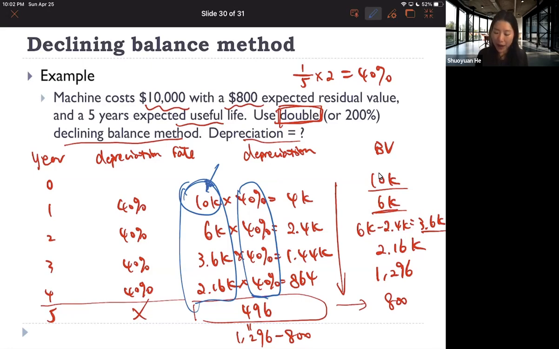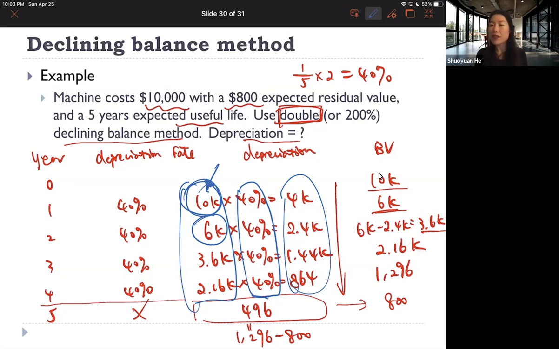By applying the same depreciation rate to the book value, we are achieving accelerated depreciation here. In other words, we are changing the base that we are applying the rate to.